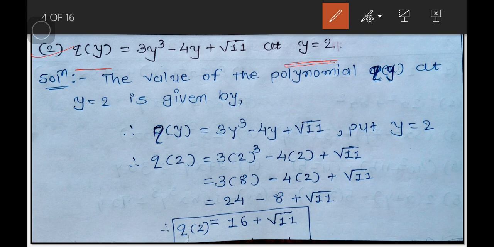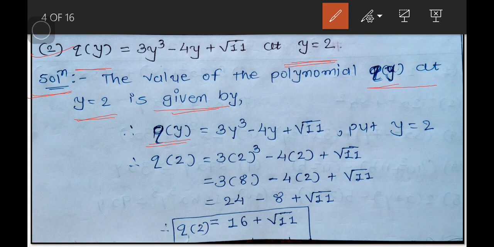So the solution of the given example: the value of the polynomial q of y at y is equal to 2 is given by, so here we put 2 in place of y everywhere. So we get q of y is equal to 3y cube minus 4y plus root 11.